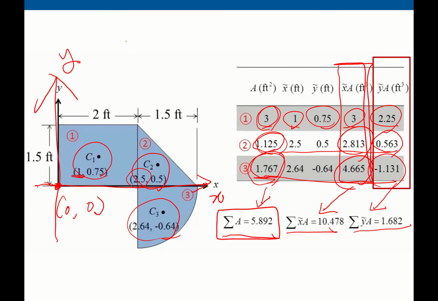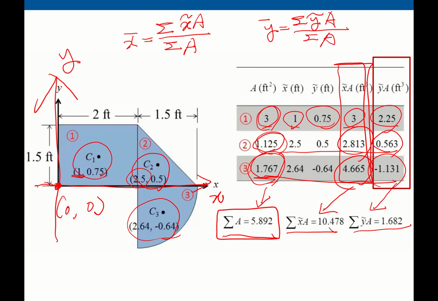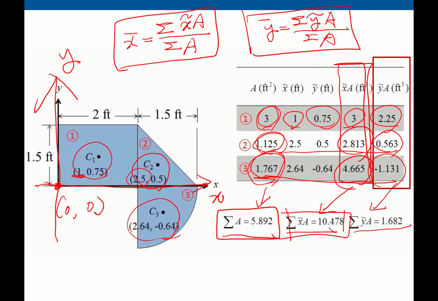Okay, so like I explained, x bar is sigma x tilde A divided by sigma A. Y bar is sigma y tilde A divided by sigma A. So we have all the information.